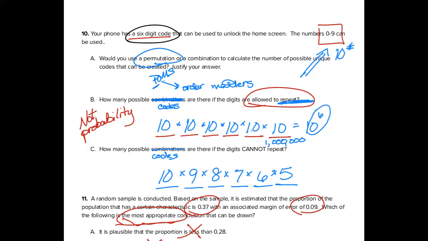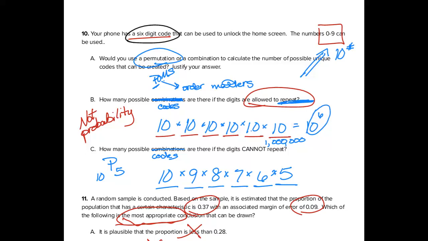Excellent. Very good. All right, so then if I multiply this, this is a permutation, 10 whole items, 5 at a time. Okay, 10 times 9 times 8 times 7 times 6 times 5. And let me check and make sure those are the same. You are probably correct, Kareem.